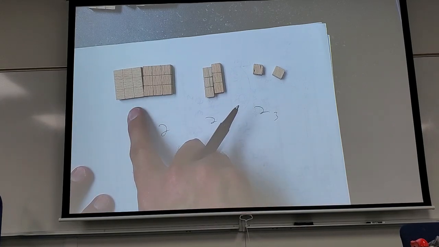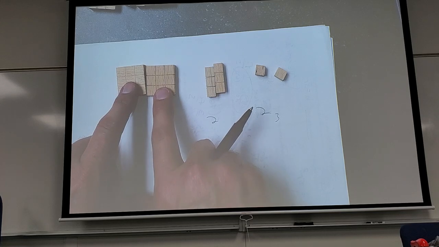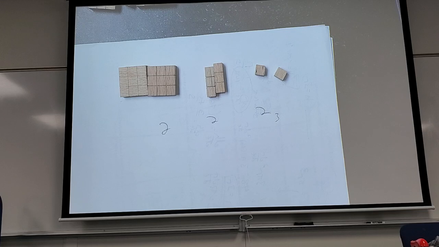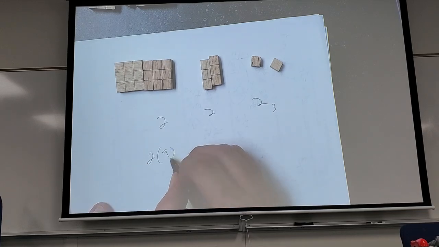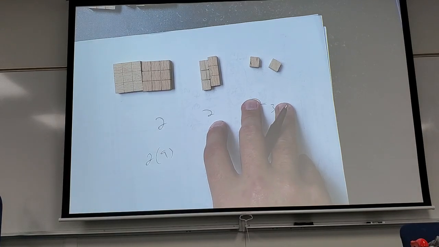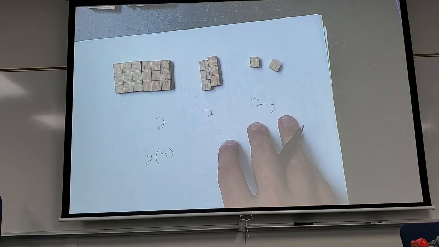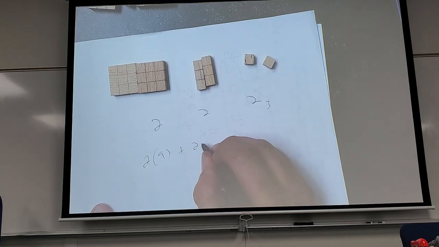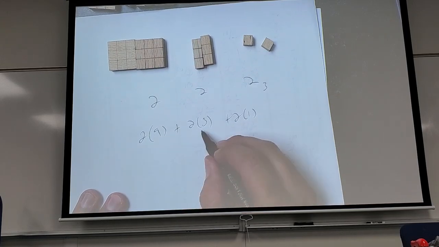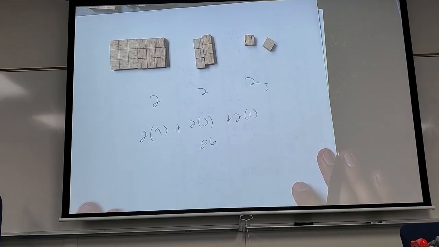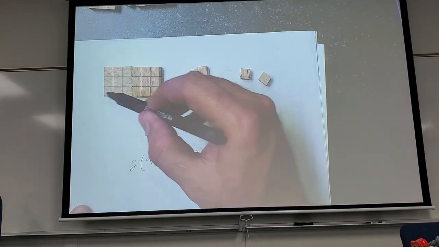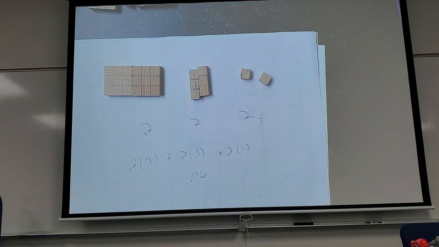So now you can see exactly, this 2 represents the fact that I have 2 flats. But of course each flat represents 9 units, which is why we do 2 times 9, and so forth. So using these manipulatives really makes it much easier to show why the math is the way it is. This would be 2 9s plus 2 3s plus 2 1s. So this will be 26, I believe. So how can you verify that with a student? You can just have them count 1, 2, 3, 4, 5, 6, 7, 8, 9, and then when you get to the end, you're going to get 26.